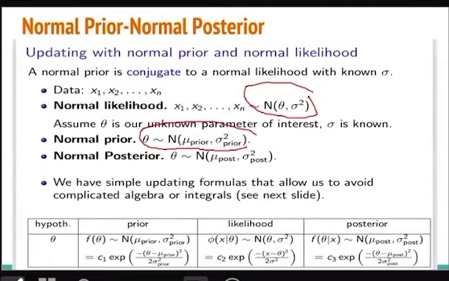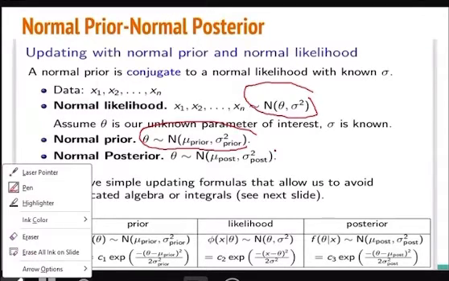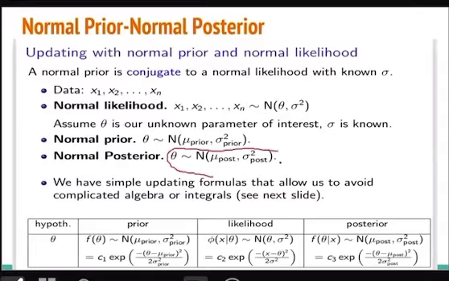Okay, now how will the posterior look? The posterior is also going to be normal, and we're still going to have the parameter theta follow a normal distribution. We're going to have a posterior mean and a posterior variance, but how are we going to get them?